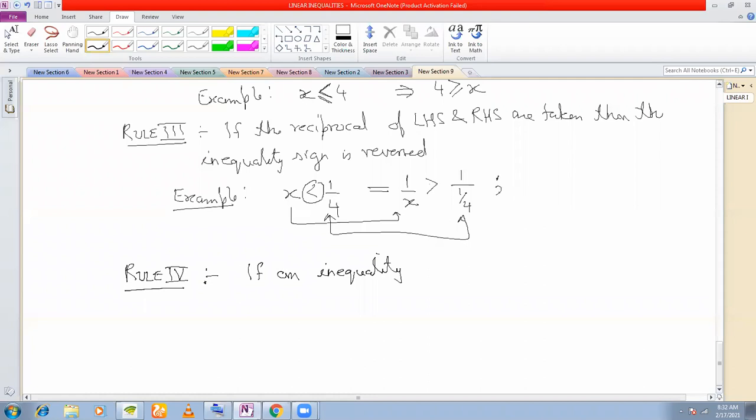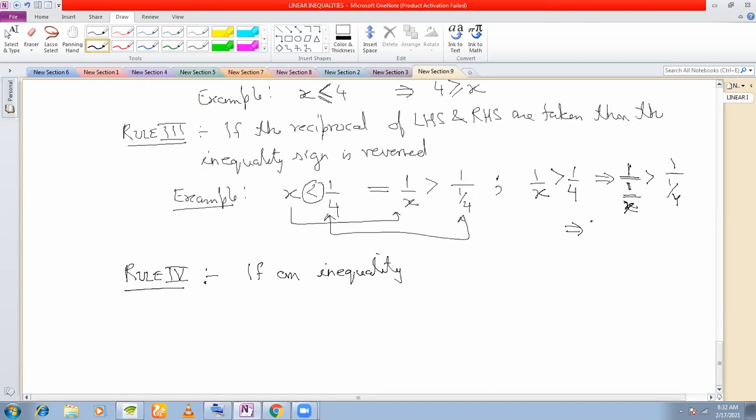Let us take another example to see rule 3. Suppose I have 1 by x is greater than 1 by 4. Now, in order to get x, I must take reciprocal, right? 1 by 1 by x is less than 1 by 1 by 4.